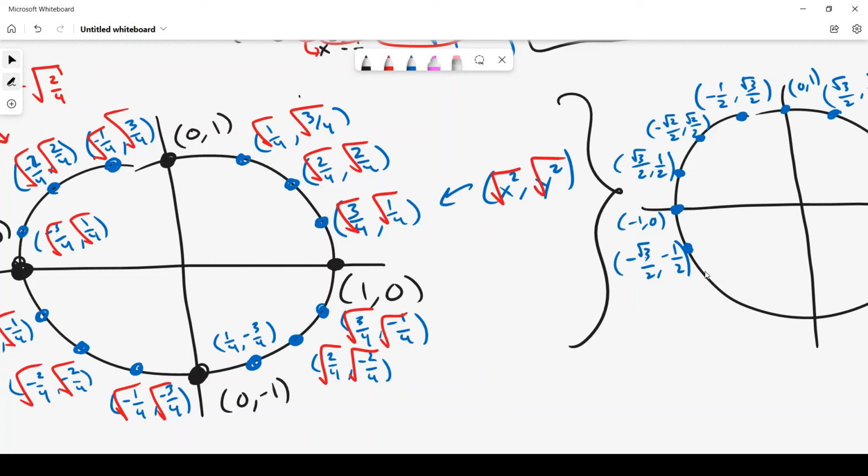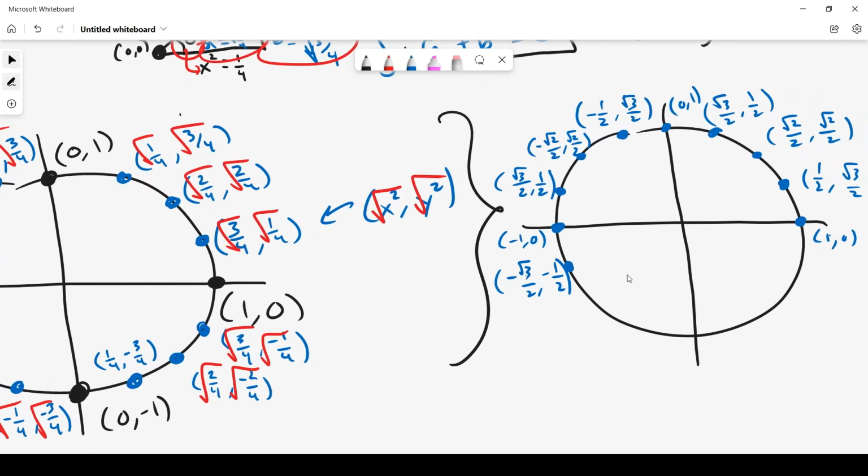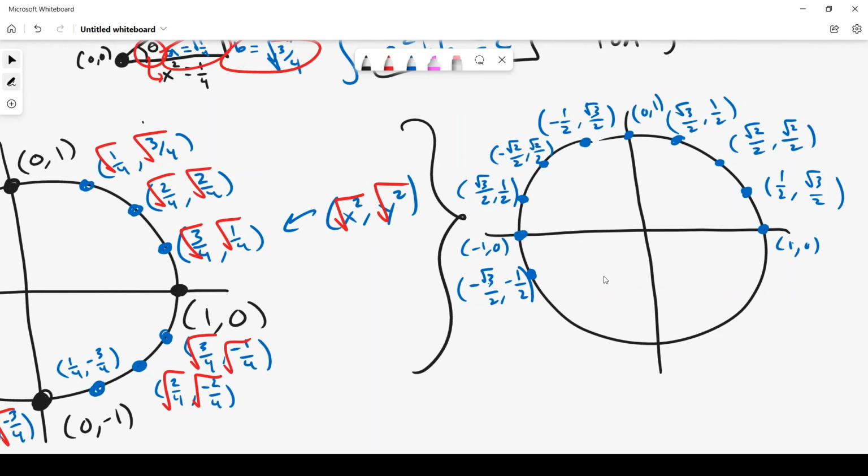And now at this point, what I'm really doing is, you'd be able to use symmetry here and see that for these 2 points, I almost forgot the negative here. The only difference that matters is that they're reflected across the x-axis here.